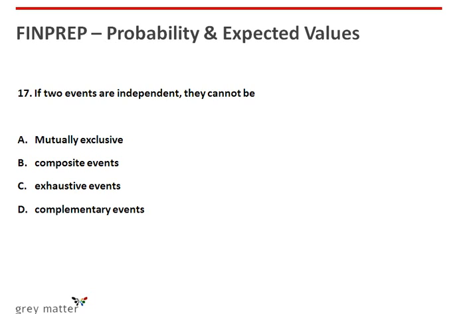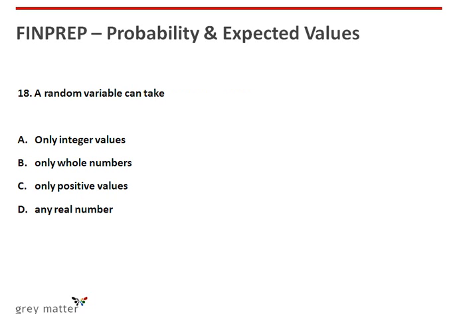That is, both the events can occur simultaneously because they are independent, unlike a mutually exclusive event. So the answer is option A, which says mutually exclusive. 18th question, a random variable can take, out of the 4 options, any real number value. So the option is D, which says any real number.